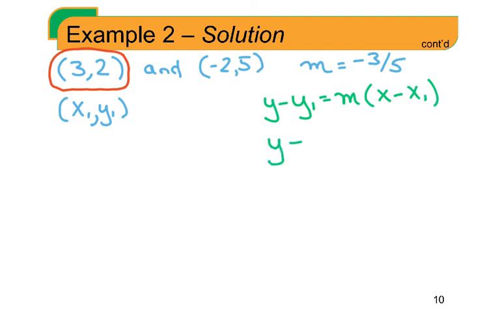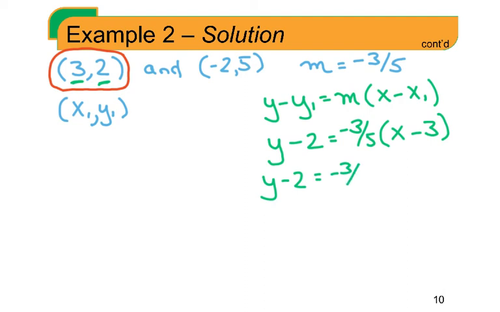Y minus 2 equals negative 3/5 times x minus 3. So now I have y minus 2 equals negative 3/5 x plus 9 over 5. When we multiply these two together, that's what we get.